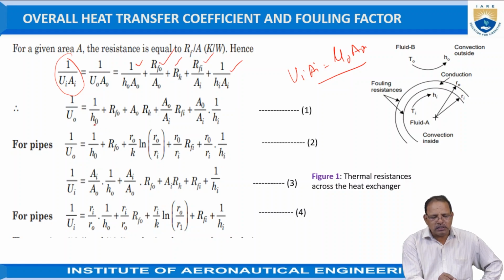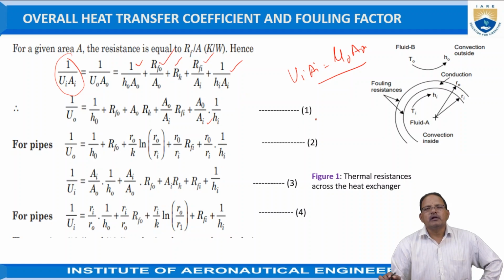So the total resistance, since here we are taking 1 by U naught, on doing the calculation we get 1 by H naught, A naught being the common factor, plus RF naught, plus A naught RK, plus A naught divided by A I into RFI, plus A naught divided by A I into 1 by H I. This is known as the overall resistance offered by the system when the heat flows from the inside to the outside of the tube.